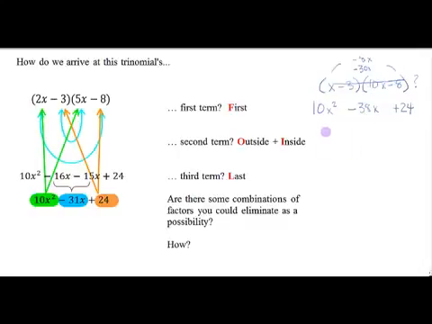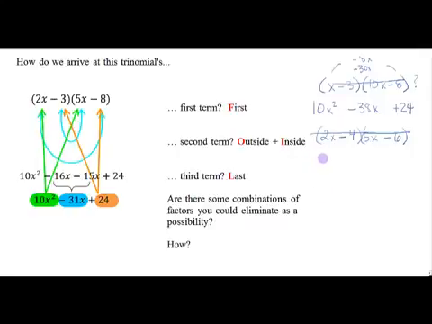Let's say that we keep the 2x and the 5x split this way. And let's say both of our signs are still negative, but we split 24 up instead of 3 and 8 as 4 and 6. 4 times 6 is my 24, so that would be fine. But again, I have a greatest common factor in this one factor, so I would not consider that a possibility.